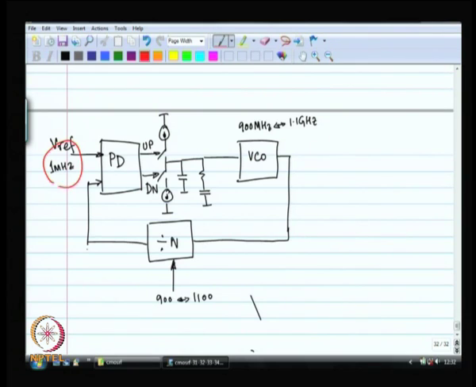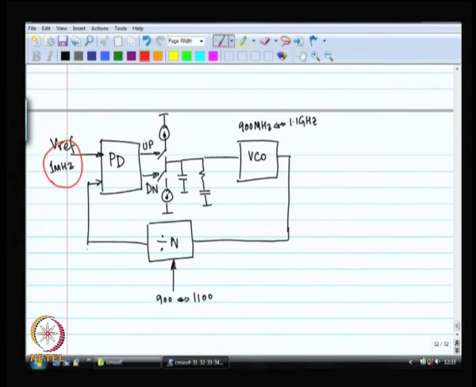So, the channel raster, the spacing between two channels is 1 megahertz that you have got over here. Why? Because you chose the reference as 1 megahertz. Very interesting, right. So, the reference has got to be the raster, the step size between the channels, spacing between the channels, that is the reference frequency. Then you can go to any arbitrary channel that you so desire.